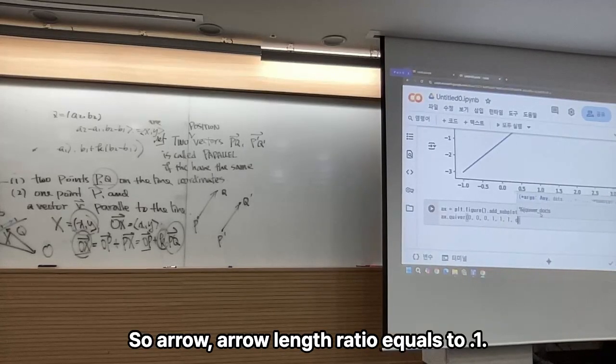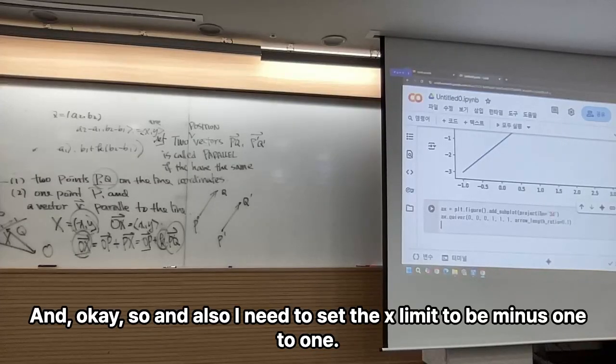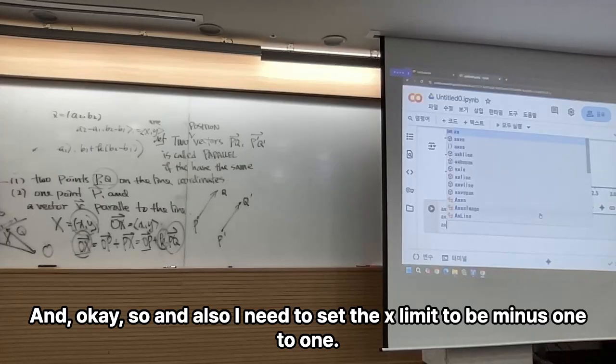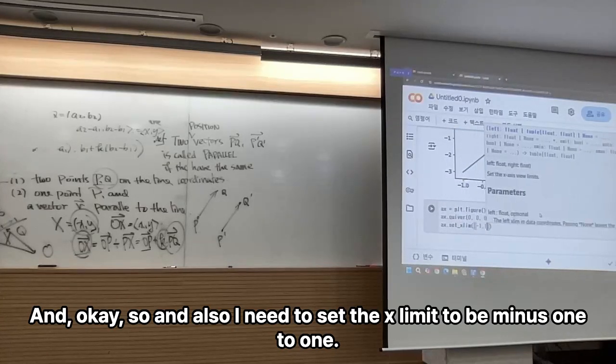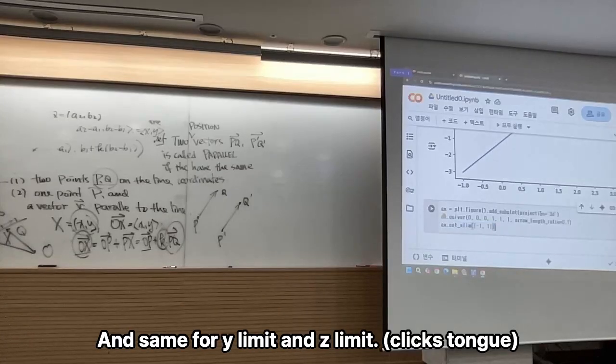So arrow length ratio equals to 0.1. And okay, so and also I need to set the x limit to be -1 to 1. And same for y limit and z limit.